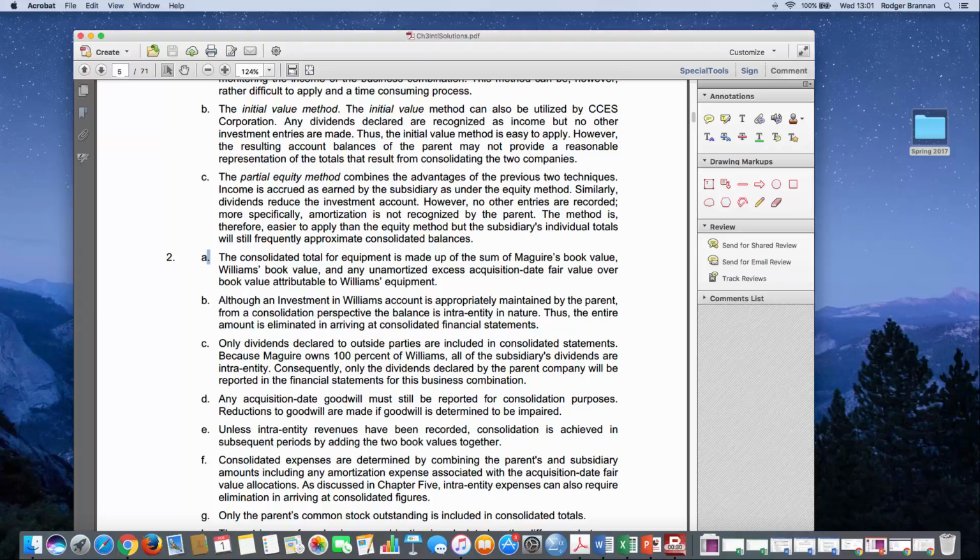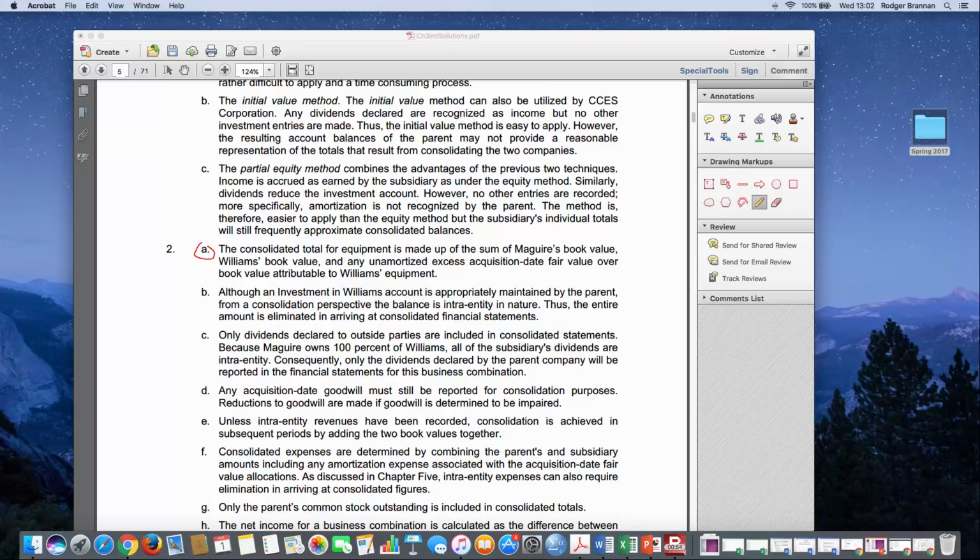Well, with Part A, what they're saying is, what would happen with the equipment? Well, basically, it's the book value of the parent's equipment plus the fair market value of the subsidiary's equipment less whatever amortization might have been taken on the equipment that the parent is bringing into its financial statements.